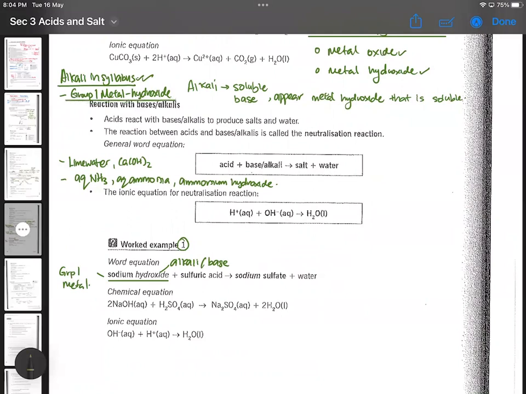So this is actually an alkali and acid reaction, or acid and base reaction. Then we get the salt and then we get the water. Okay, anyone, any questions identifying the alkali?